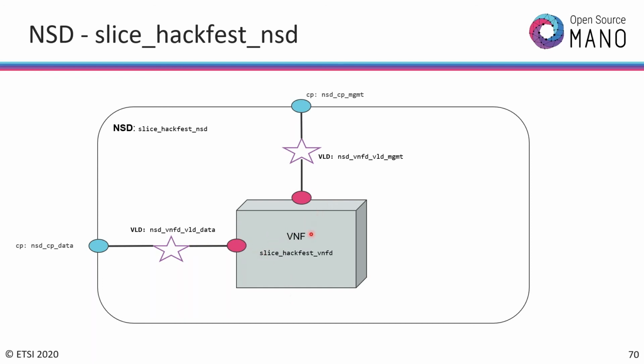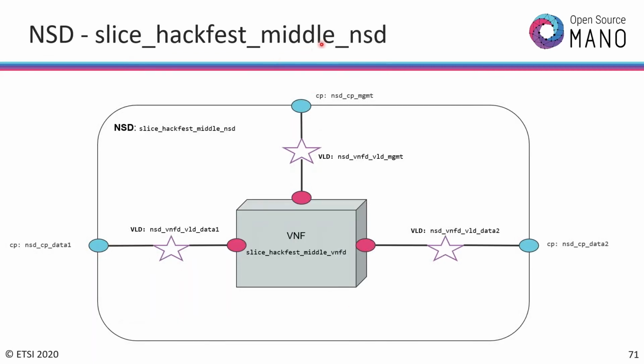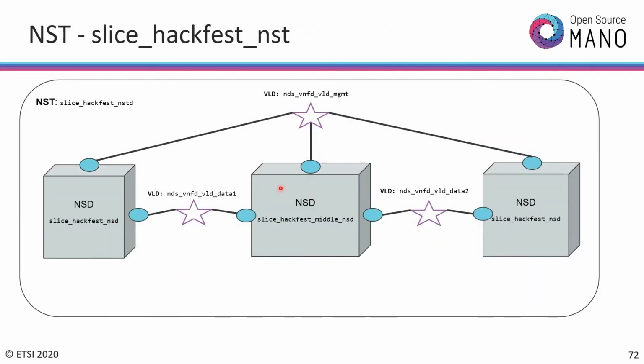This one in particular contains the VNFD that also has 2 connection points. The middle network service descriptor contains the middle VNFD with the 3 connection points. So at this point, the network slice template is composed of the 3 network service descriptors, and there are the respective VLDs to make all the connections among them.